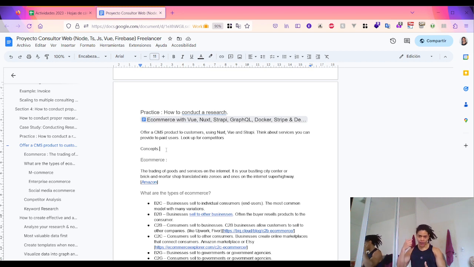Sales is to identify potential leads and sell to them, do video or call sales, negotiate agreements, and close deals. Then you have finance, which records every financial transaction, creates financial reports, and pays taxes, among other things.